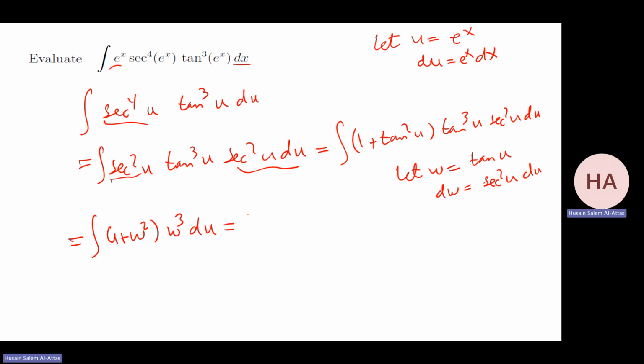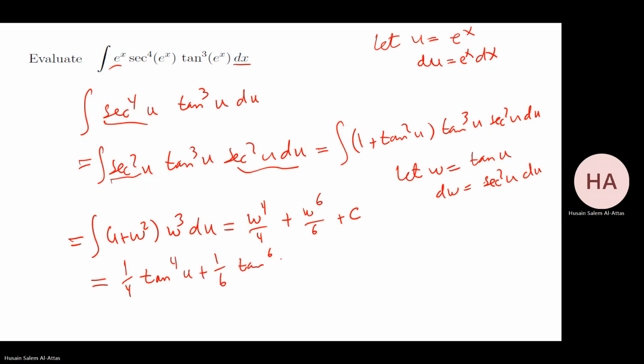So I have w cubed, which is w to the power 4 over 4, plus w to the power 5, that will be w to the power 6 over 6 plus c. That gives me 1 over 4 tan to the power 4 u plus 1 over 6 tan to the power 6 u plus c.